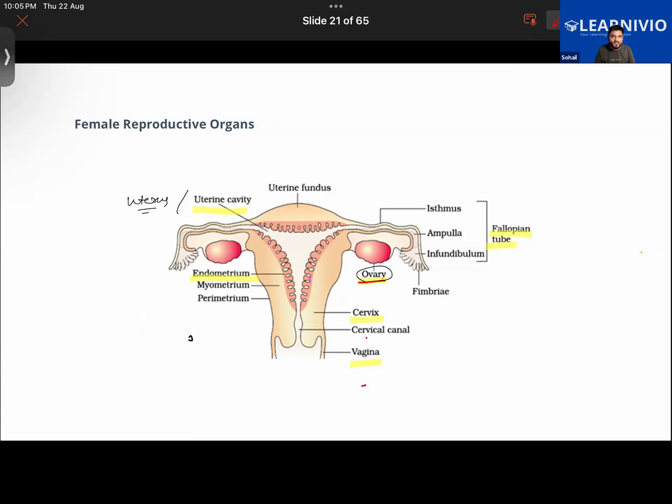Until they reach the age of puberty, a significant amount would have decreased. About 25% of the total ovum would have only remained. So that is one interesting thing. Hope you guys are getting it.